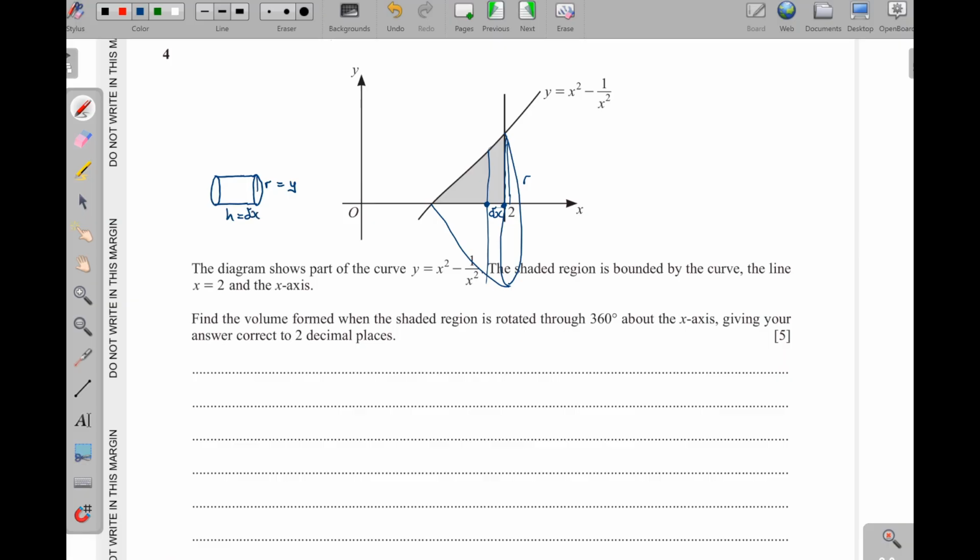And the volume of a cylinder, you know that it is equal to pi r squared h. And this one shall be equal to pi y squared delta x for this case. That will be the volume of one cylinder.